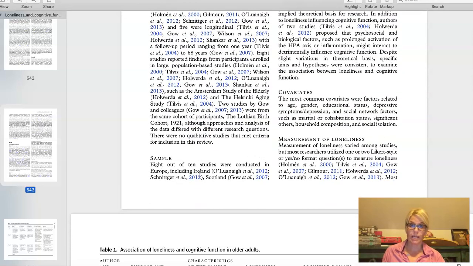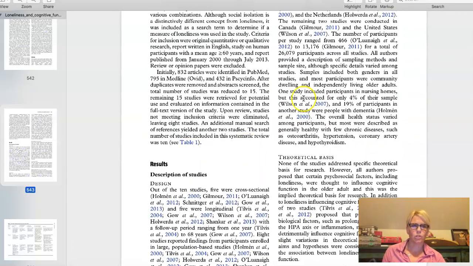So then the sample, 8 out of 10 were conducted in Europe. So I thought that was kind of interesting that they weren't all in America. The number of participants per study ranged from 466 to 13,000 for a total of 26,000 across all studies.